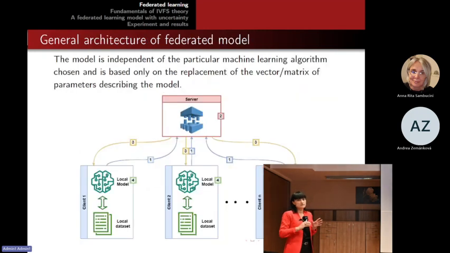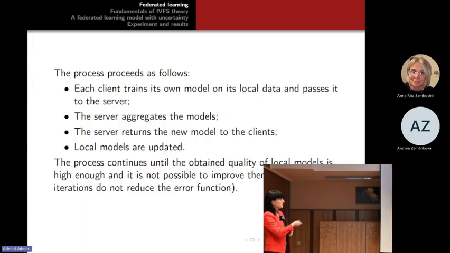Of course, we also have hybrid methods, but I concentrate here on the first, horizontal models.